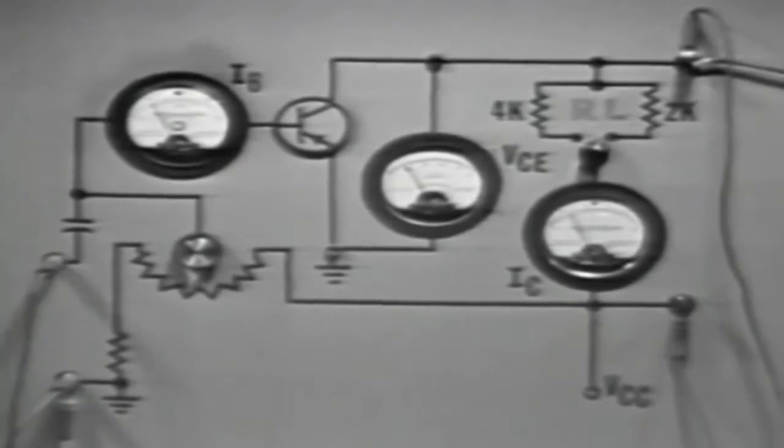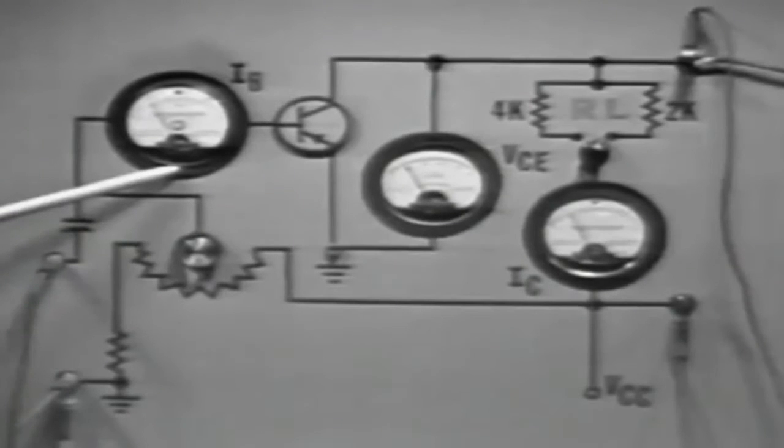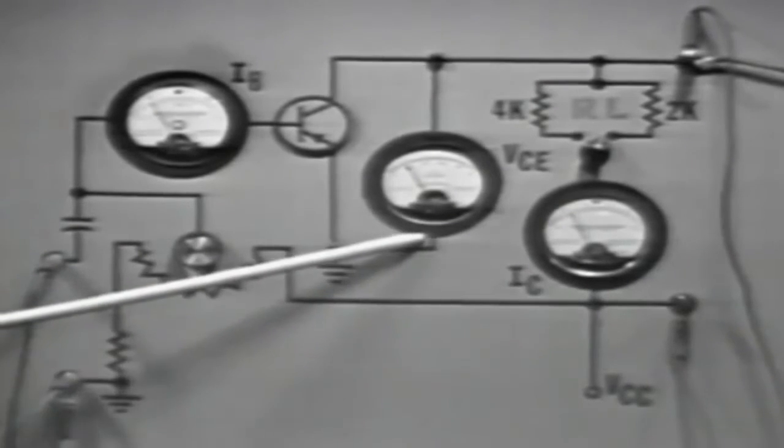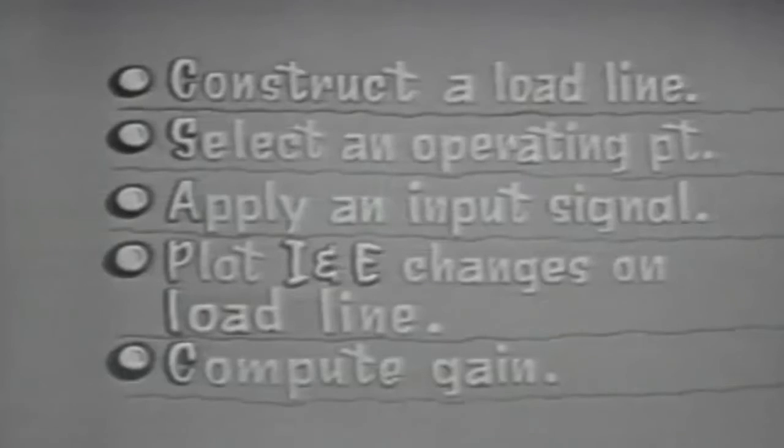Then, using this circuit, we'll compare the values on the chart to the actual base current, collector current, and collector to emitter voltage of the circuit. Briefly, here are the steps we'll go through to demonstrate how an amplifier works and how much gain it provides.